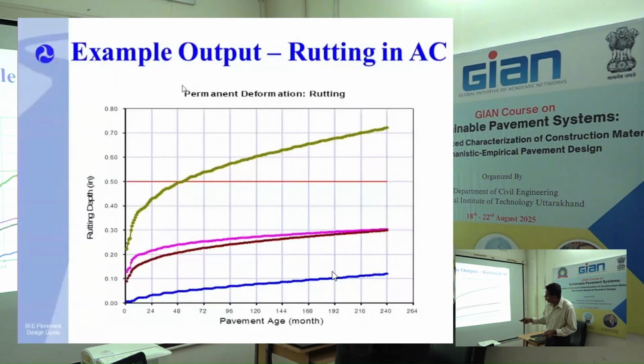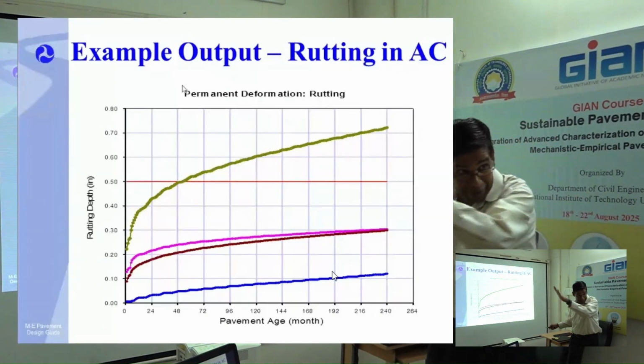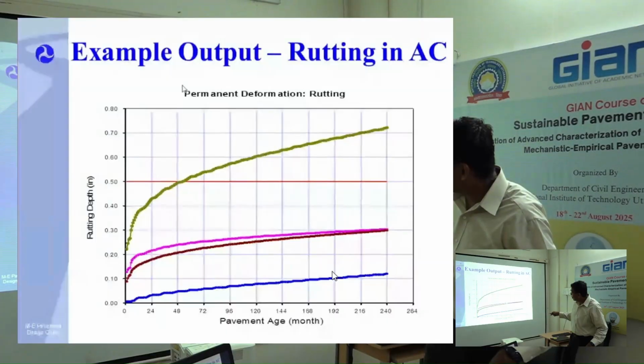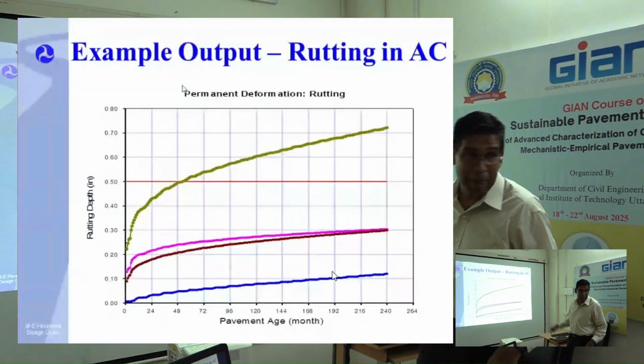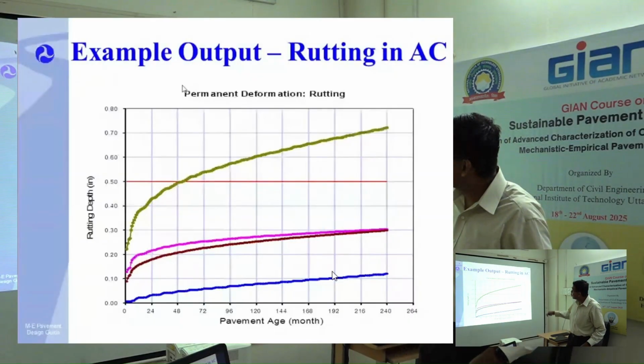Can you see flat, bump, flat, bump, flat, bump? In summer months you see a bump and rutting, then it becomes flat. So the bottom one is asphalt because you see flat, bump, flat, bump. This one is subgrade, another is base. Got it? And this is total rutting.